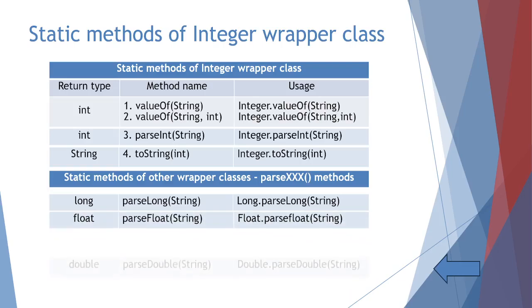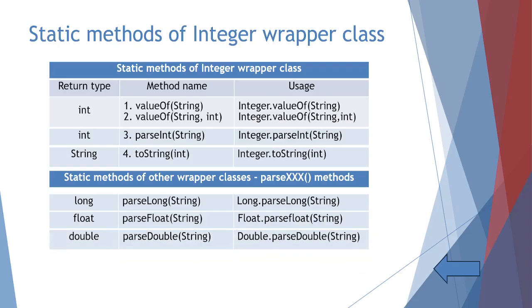Float.parseFloat, Double.parseDouble, all of them take string-based numbers as parameters. Integer.parseInt returns int, Long.parseLong returns a long number, and so on and so forth.